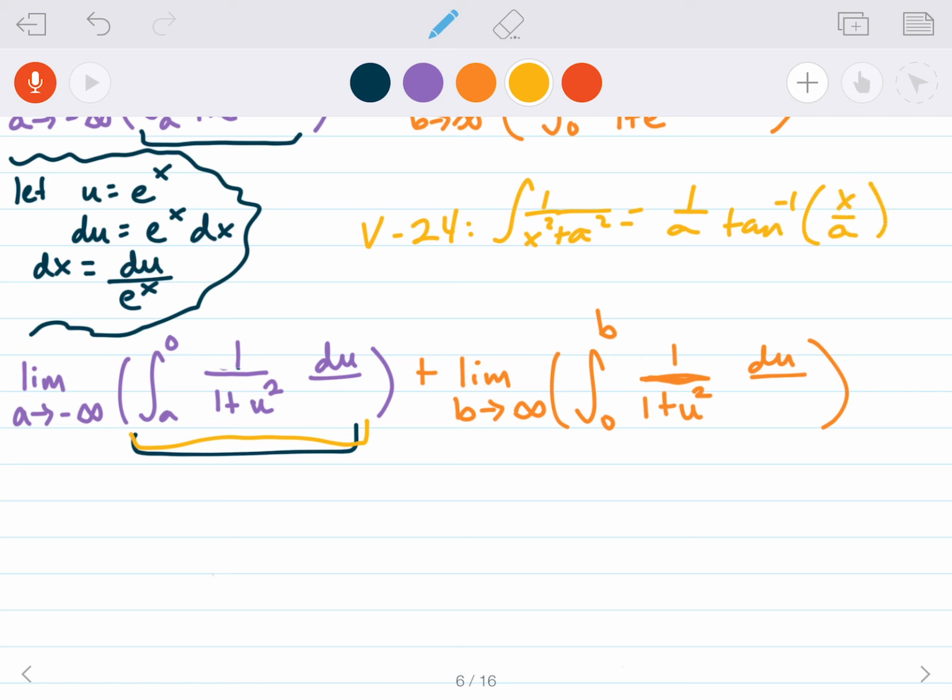So that's what I'm going to use to integrate this thing. And of course a is 1 in this case. So we have the following. We have tan inverse of u over 1, which is just u.